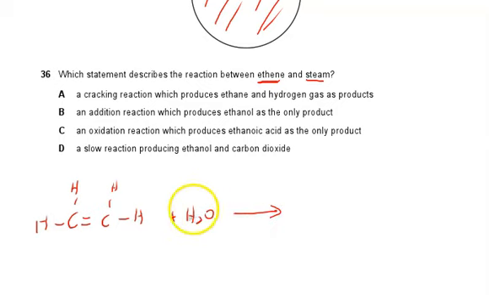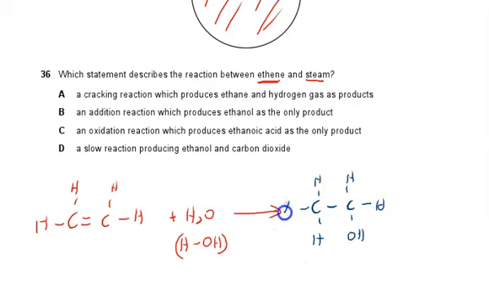So they'll mix with the steam. The steam can be separated as HOH, and the double bond will break and they will form ethanol. So this is the ethanol.